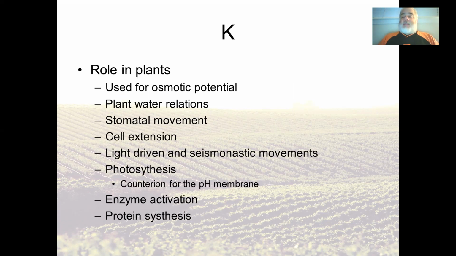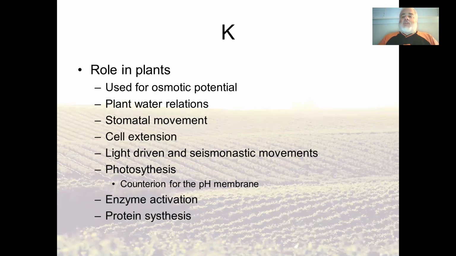Potassium is used, as I mentioned, for osmotic potential for moving water around and other plant-water relations. Stomatal movement, that's also related to water movement. Cell extension, that's actually related to hormones and enzymes that are responsible for cell growth. You need it for effective photosynthesis. You need it for enzymes to work properly.